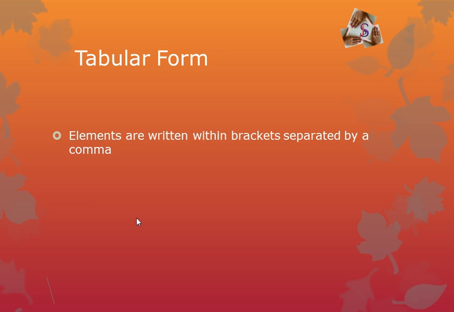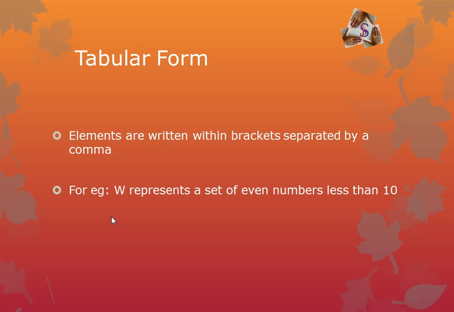Proceeding further on, let me explain to you about tabular form. Here, we list out the elements, and when we list out the elements, we separate them by comma. Tabular form is also called roster form.